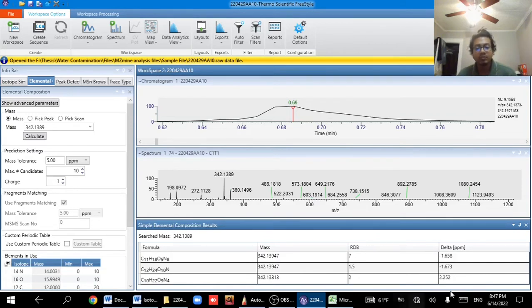This formula can be avoided because the delta value is 2.25, so we can skip that one. Okay, and remember this is a charged particle, like this formula, C11H18O5N8 plus.